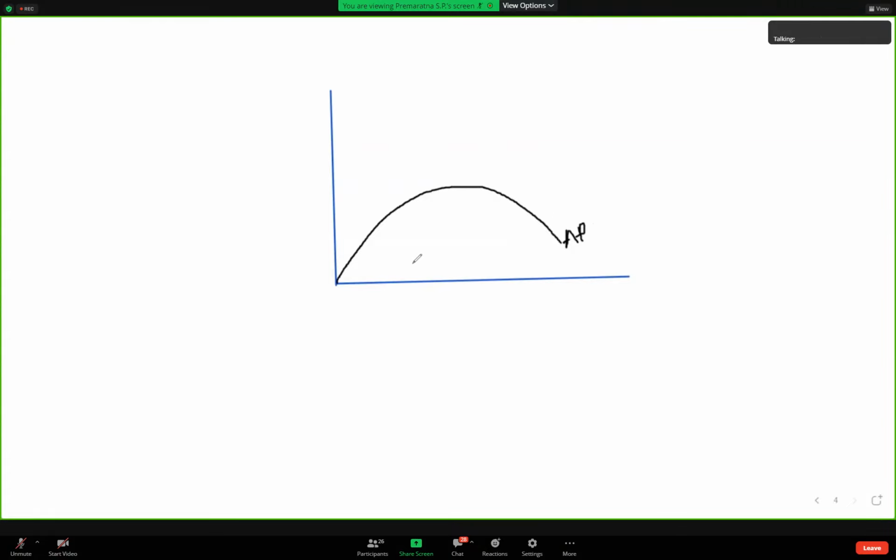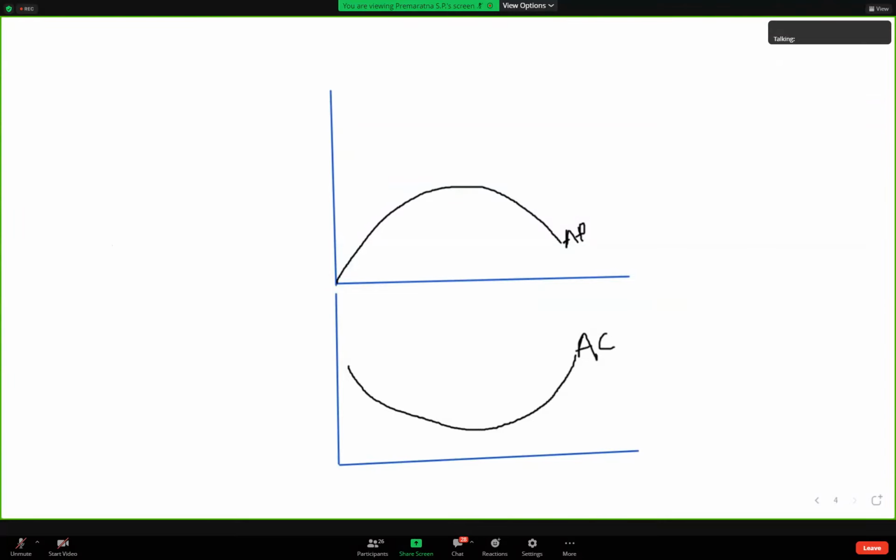Now, the average cost curve is just a mirror reflection of the average production curve.